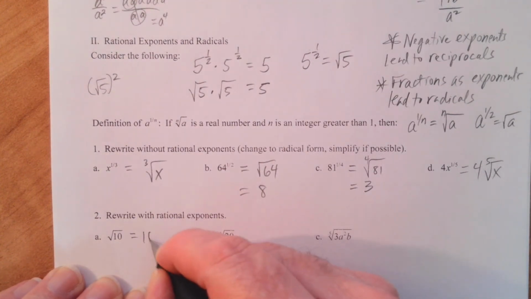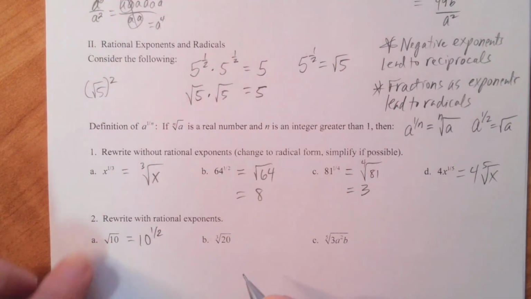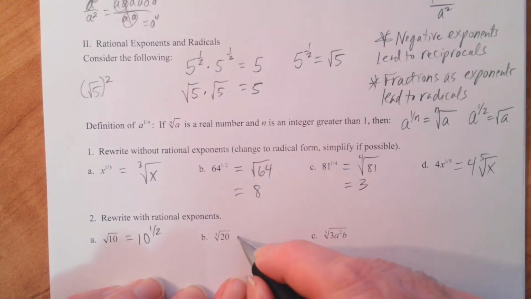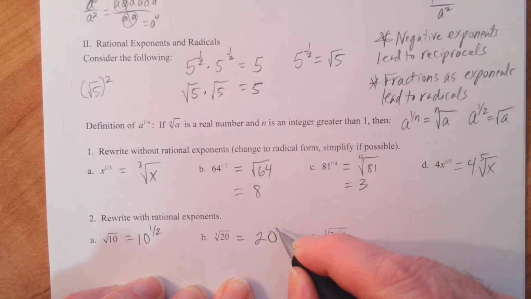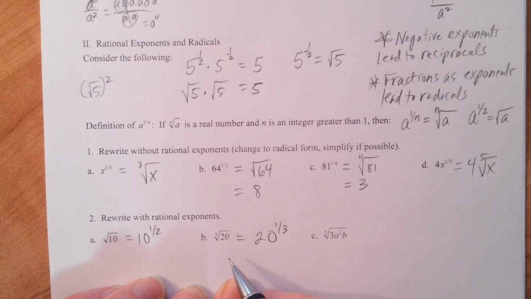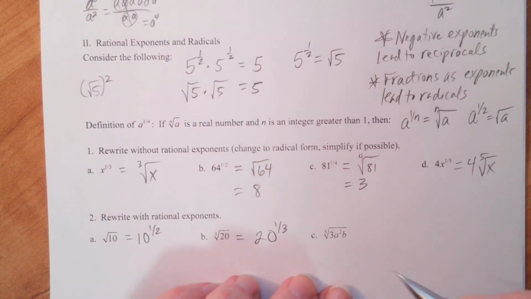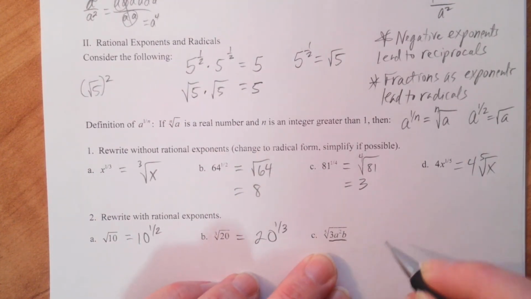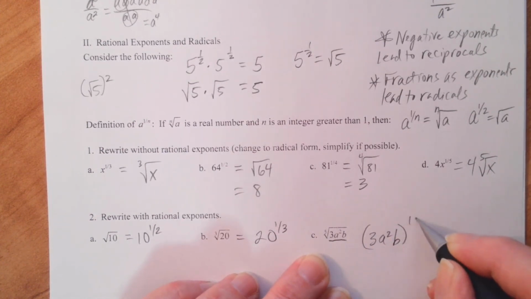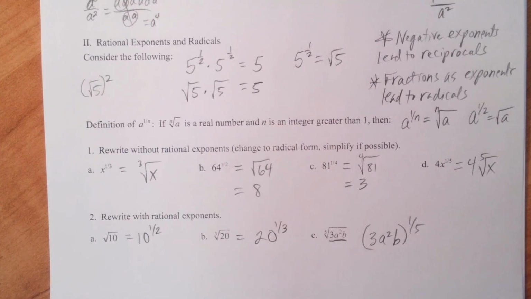So this is 10 to the 1/2 power, since it's a square root. This would be 20 to the 1/3 power, since it's a cube root. Now notice here our radicand is 3a squared b. That's to the 1/5 power. And I'm going to go ahead and stop right here and make a second video.